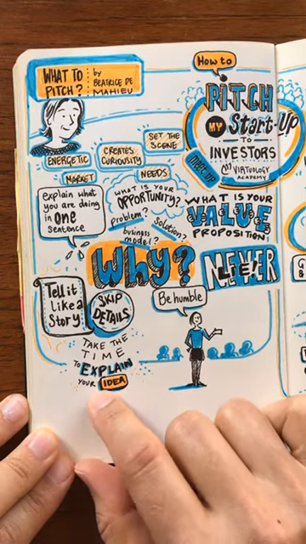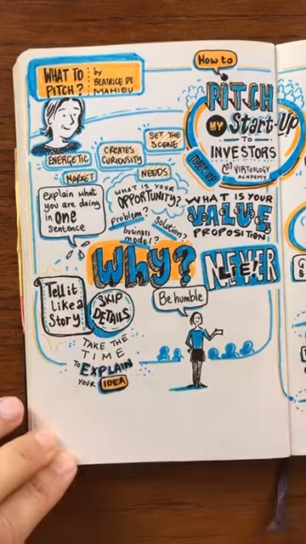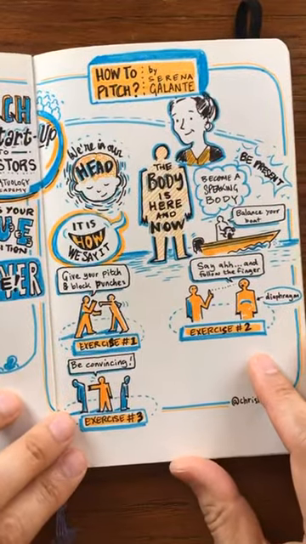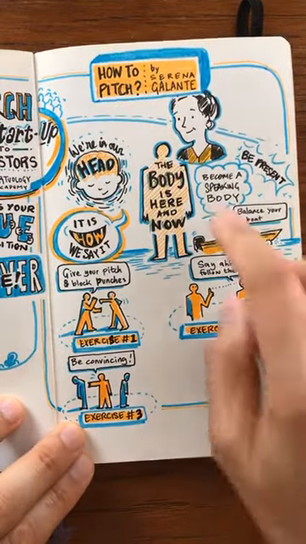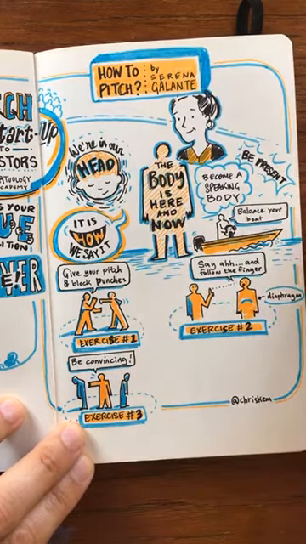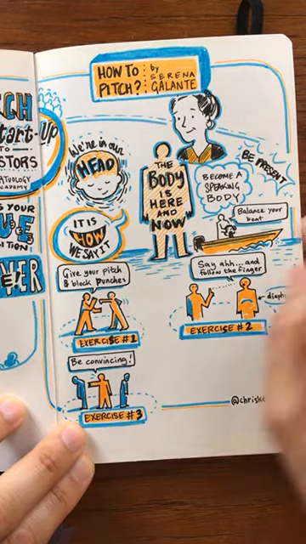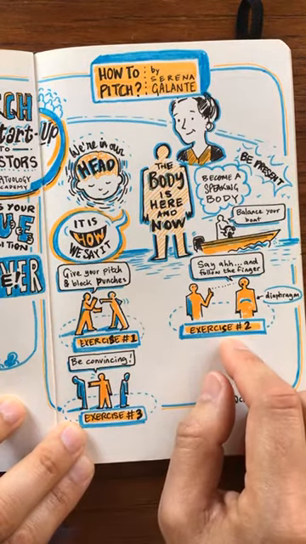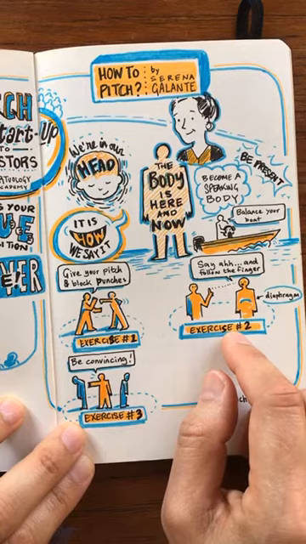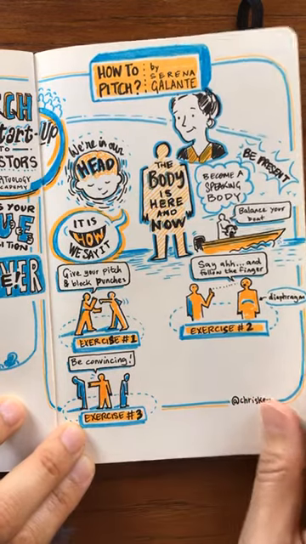Take the time to explain your idea, tell it like a story. The body is the here and now. So we had a couple of exercises. That was fun now, I remember.